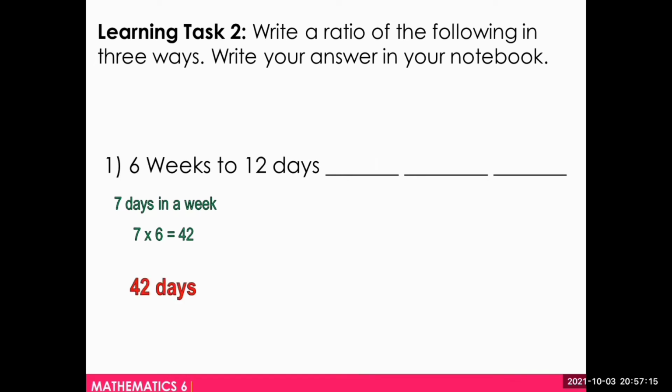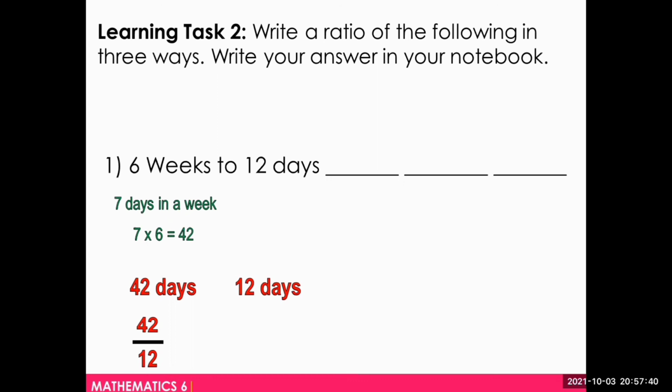So, there are 42 days in 6 weeks. Isusulat natin ang 12 days na ganun pa din. Ngayon, pwede na nating isulat ang kanilang ratio. 42:12.